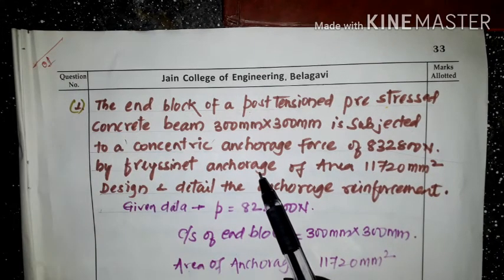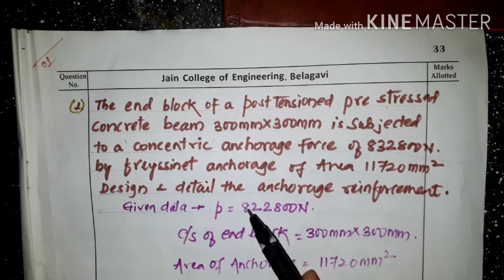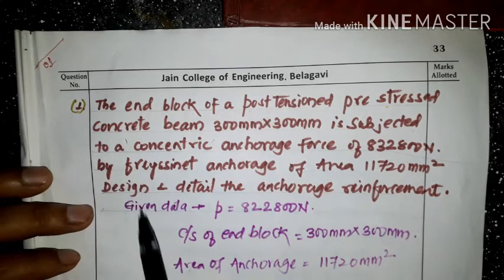So it's an anchorage system. In the starting classes in the college, I had discussed that there are different types of anchorage systems: Gifford-Udall, Magnel-Blaton, and the Freyssinet system. So these are all anchorage systems.